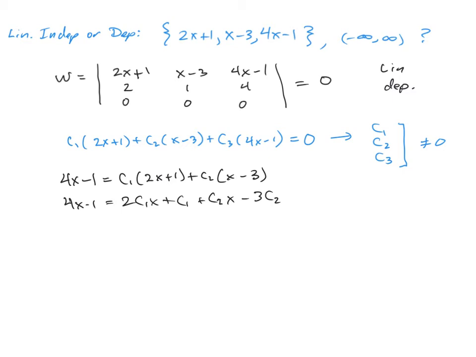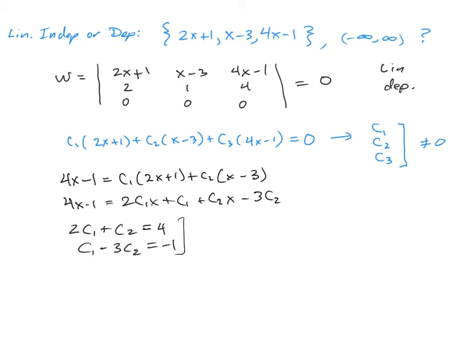So if we compare the linear or the first power terms, we've got 2c1 plus c2 equaling 4. And then if we compare constants, we've got our c1 right there, and then we've got our minus 3c2, and that must equal negative 1.